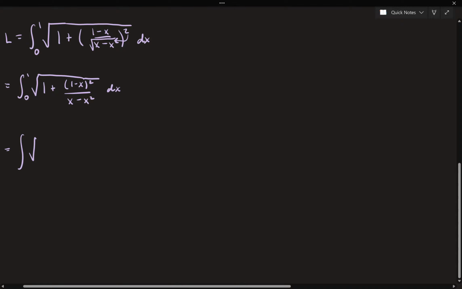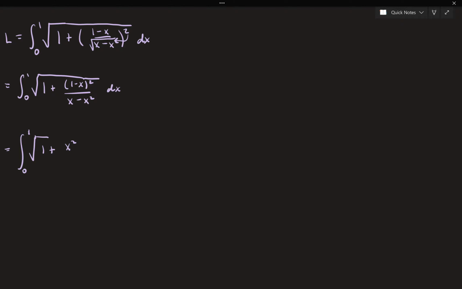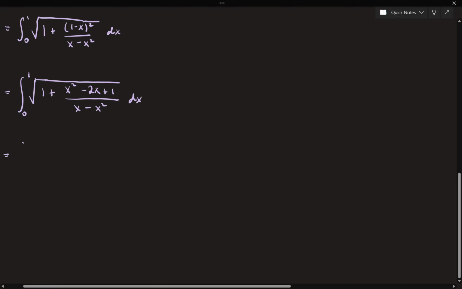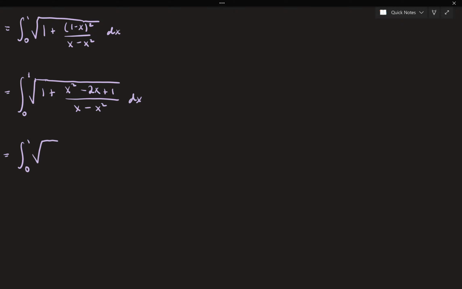Now I don't know how long that square root is going to be. So I've got 1 plus, I'll just do FOIL on the top. If you have to write it out, again, that's okay. x minus x squared. And now I think I'm just going to combine the fractions, let's say.